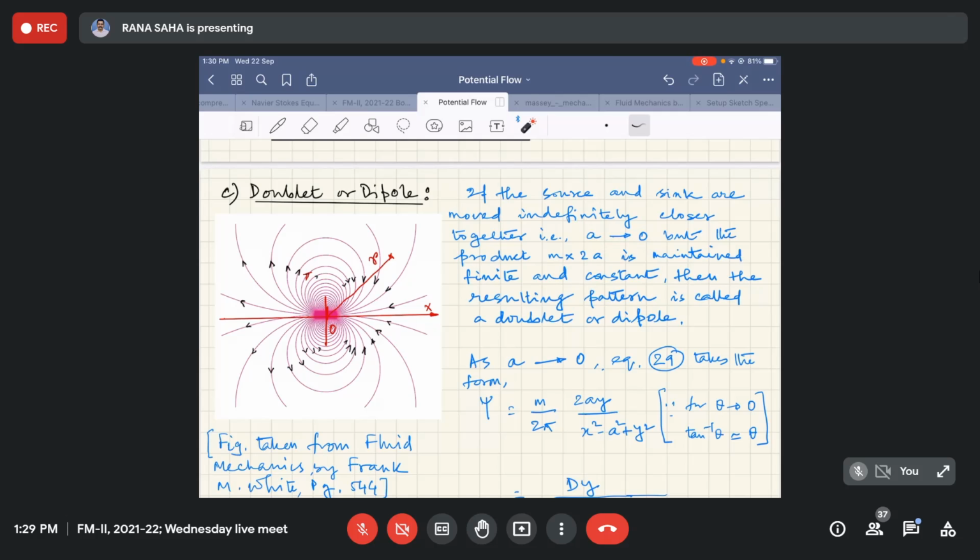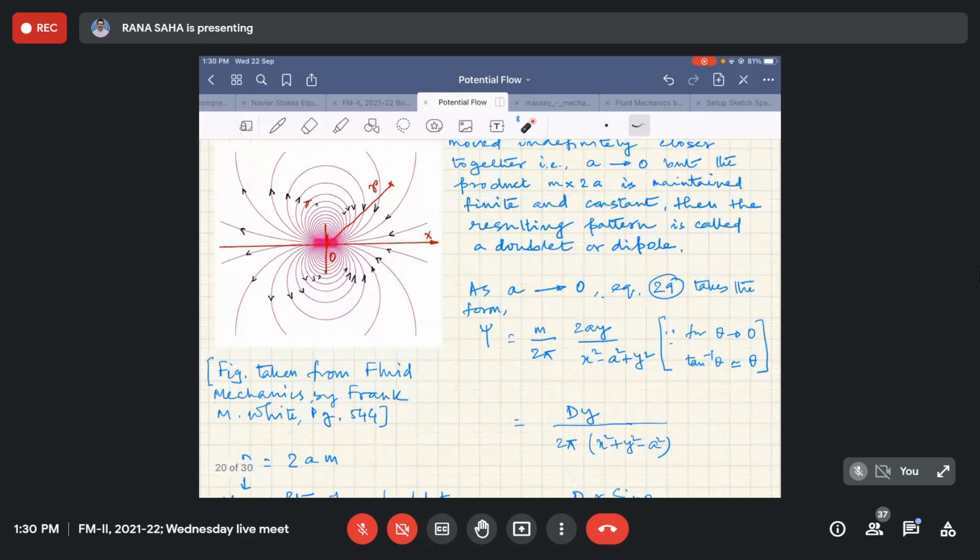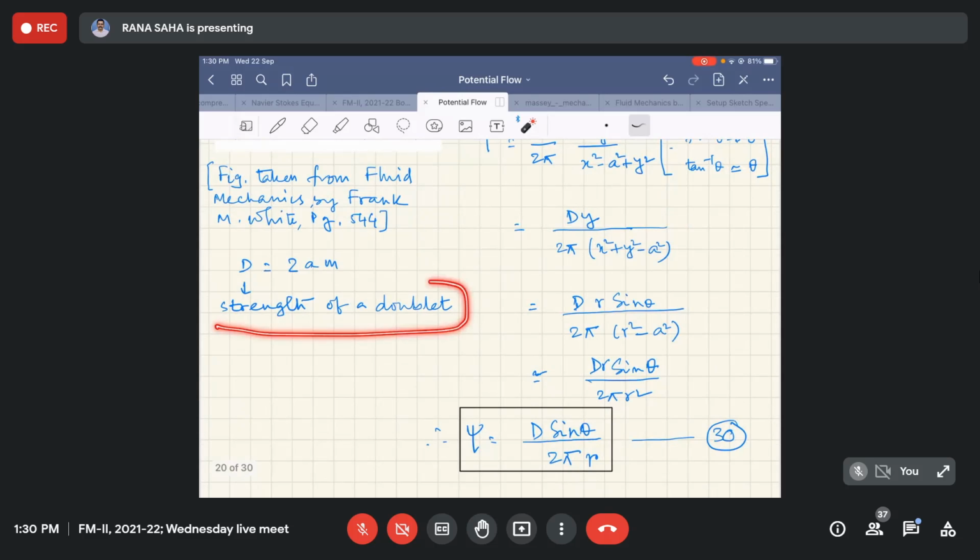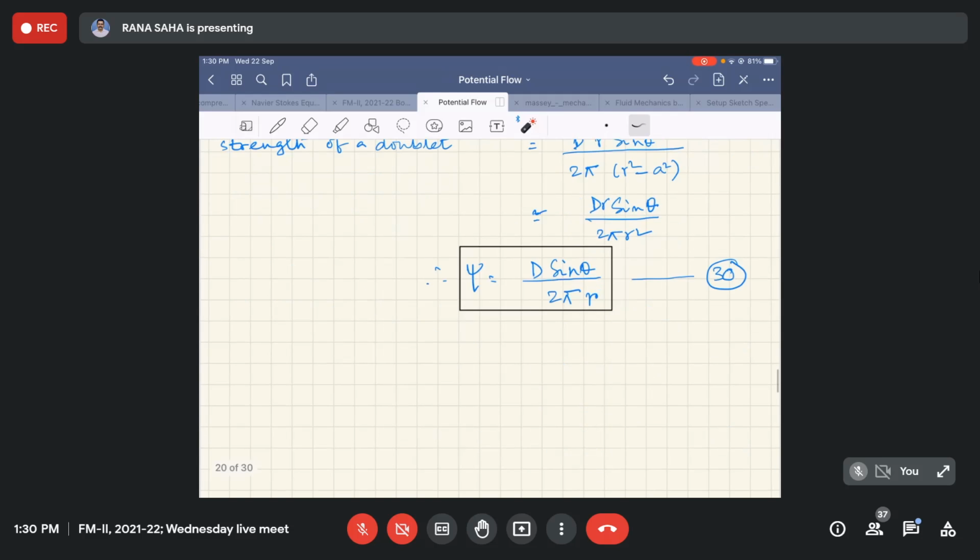It should be a very high strength M, so that this product remains live in the expression. That twice AM we later denoted as D, the strength of the doublet. So you get the expression of psi as D sine theta over 2 pi r.